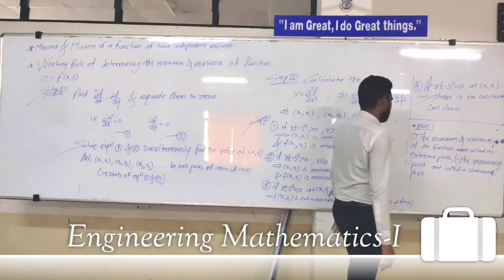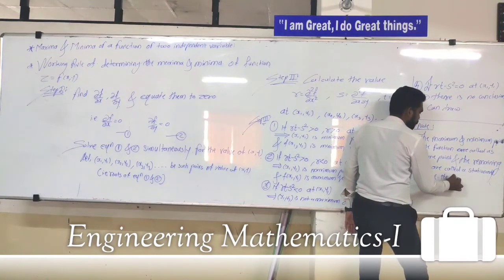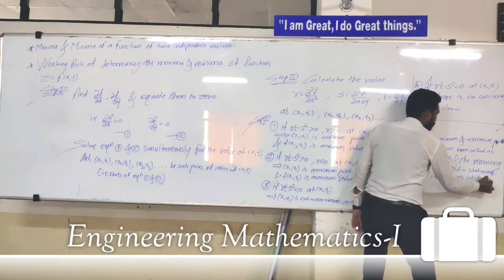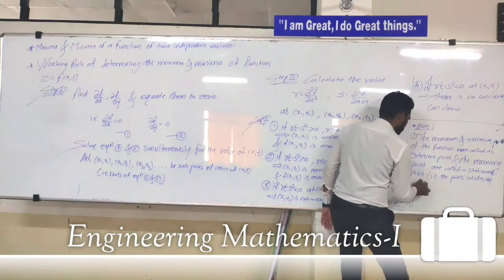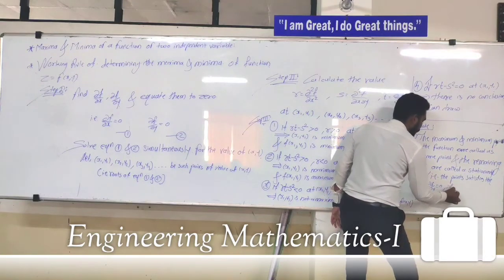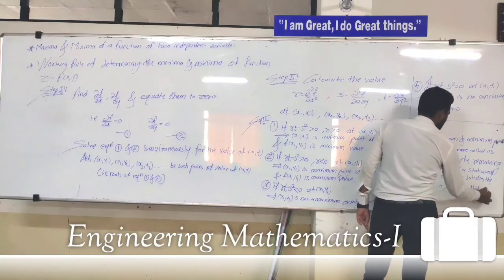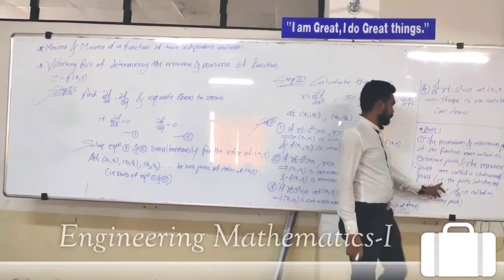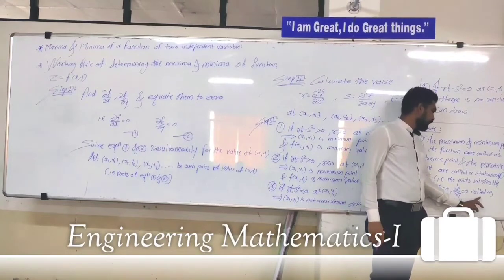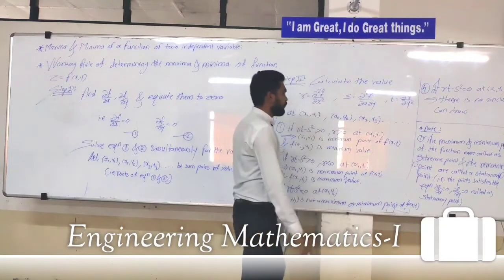Stationary point, that is, the point satisfies the equation del by del x is equal to 0, del by del y is equal to 0, called a stationary point. Next, second one.